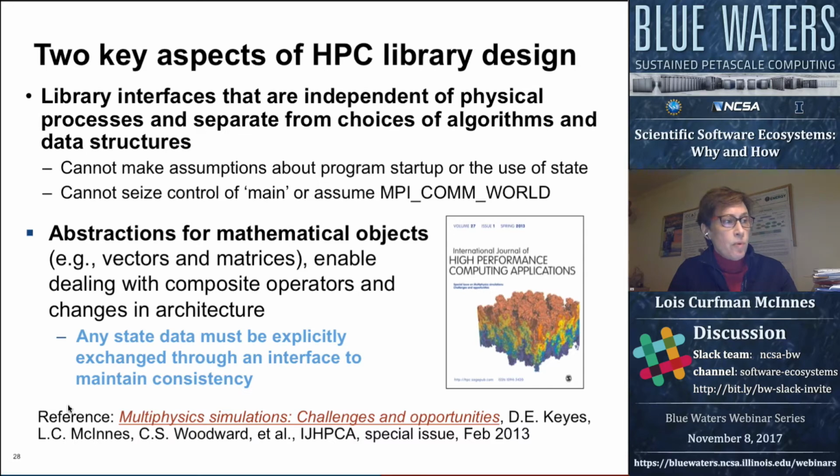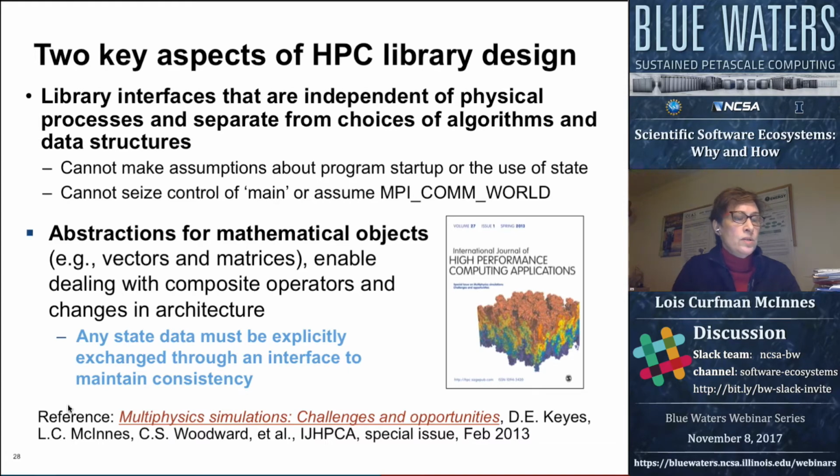So it's very important to develop software interfaces that are independent of physical processes when we're considering parallel computing, and also that are independent from choices of algorithms and data structures. And the reasons for the separation is to help encapsulate complexity and enable changes over time.